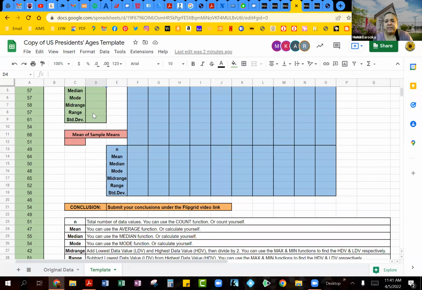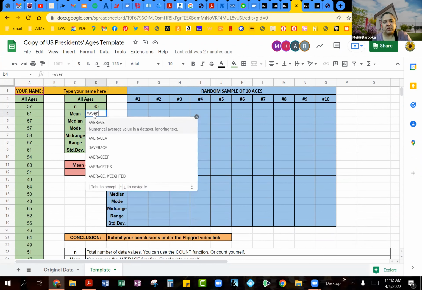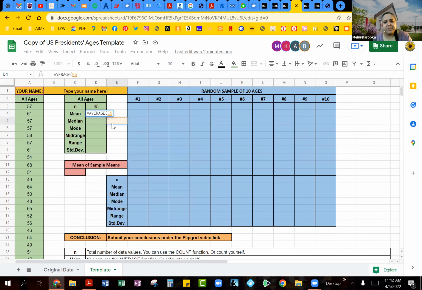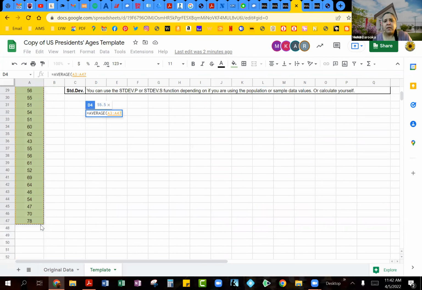If you look at the list here, the built-in function is called average. So we will do equals, type in average. Once you put that average function in, we're still selecting all of these ages, because we're finding the average for all of them. So go back and select your entire column with the ages of the presidents.